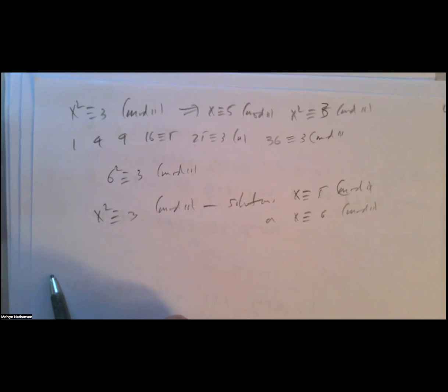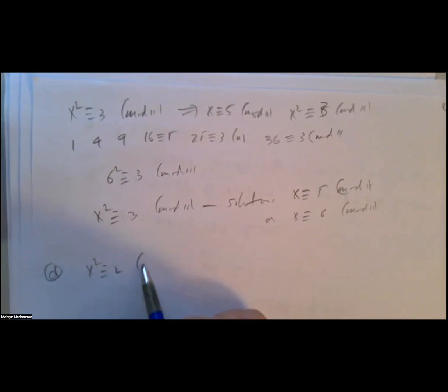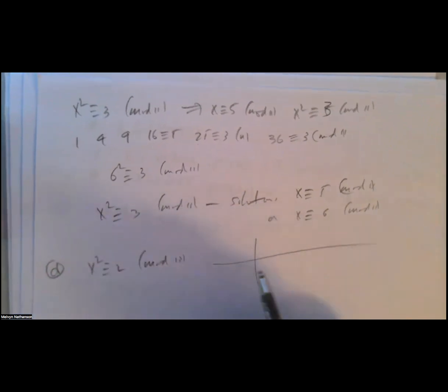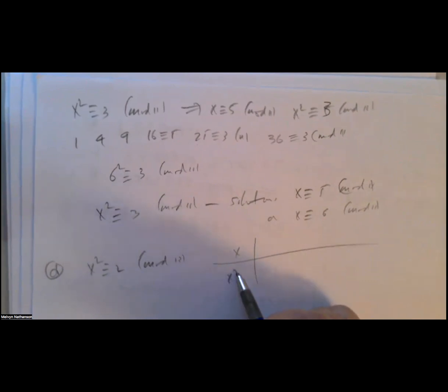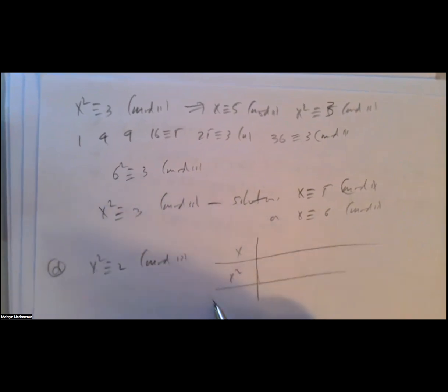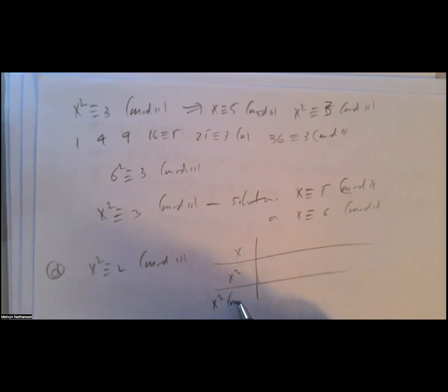What about D? Solve x squared congruent to 2 mod 13. So let's make a table of x, x squared, and x squared mod 13.